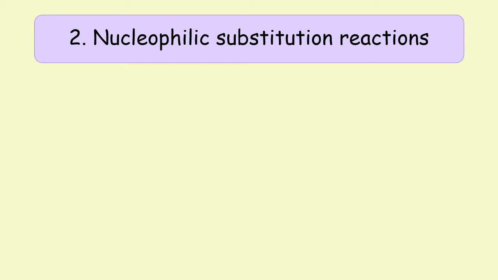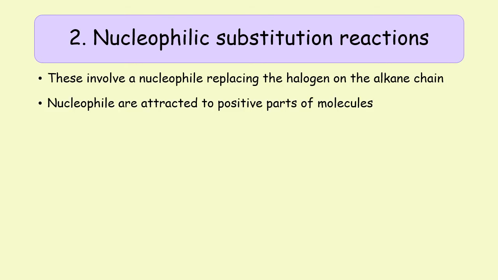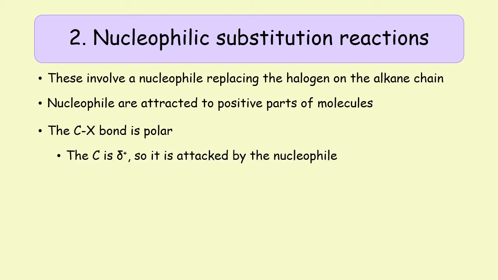There are two different mechanisms for this, called nucleophilic substitution type 1 and type 2, and you will learn about those mechanisms in a different video. But a nucleophile replaces a halogen on the alkane chain. Nucleophiles are attracted to positive parts of molecules, and a carbon-halogen bond is polar, so you will be attacking the carbon bonded to the halogen.